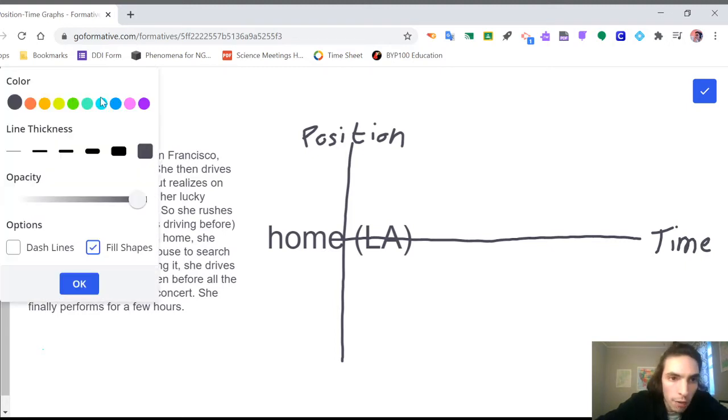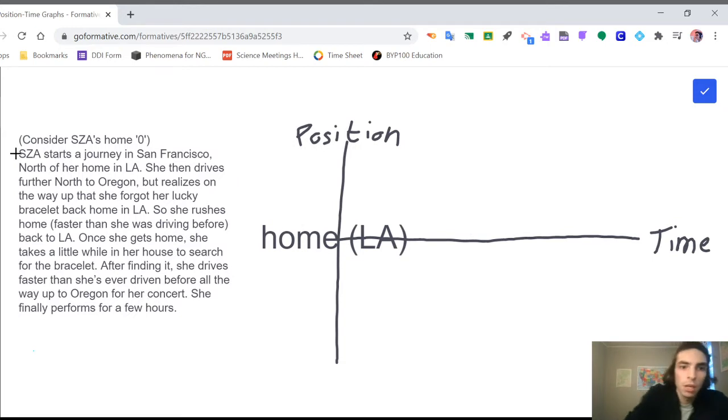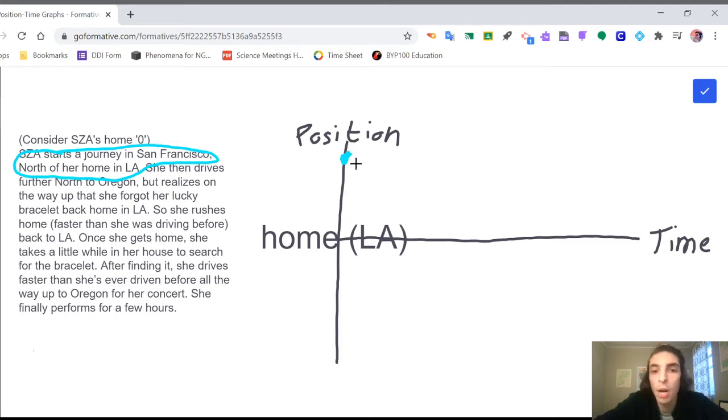So if she starts out north of her home in LA, she starts in San Francisco, I'm going to place a dot way up here, north of her home. I didn't know exactly where to put this, if I should have put this lower, maybe in the middle, maybe up top, but I know it needs to be up above her home in LA.